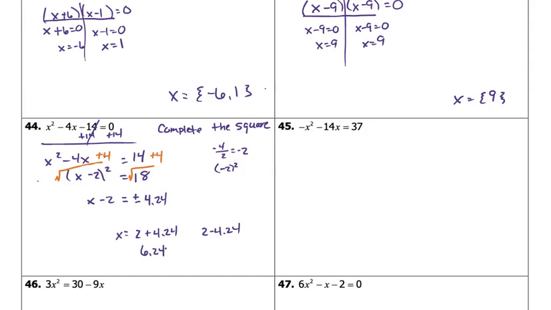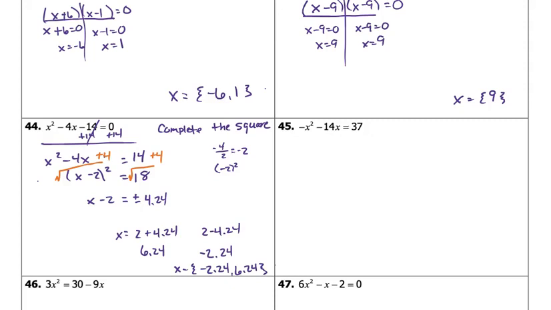And then 2 minus 4 and 24/100ths leaves me with -2 and 24/100ths. So that's my solution set. So that's completing the square. Let's do that again. Let's go ahead and try that for number 45.